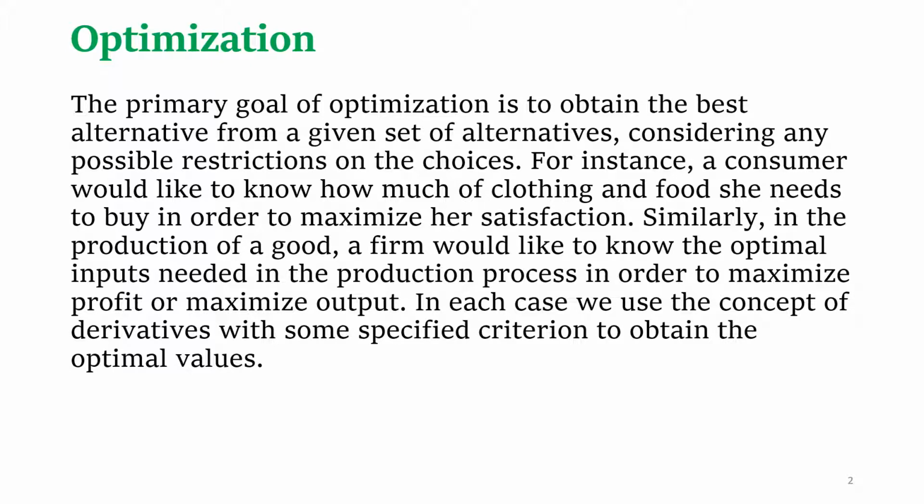So this brings us to the idea of constrained optimization. For constrained optimization, there are certain restrictions that are placed on the decision maker while he's trying to make his choices.